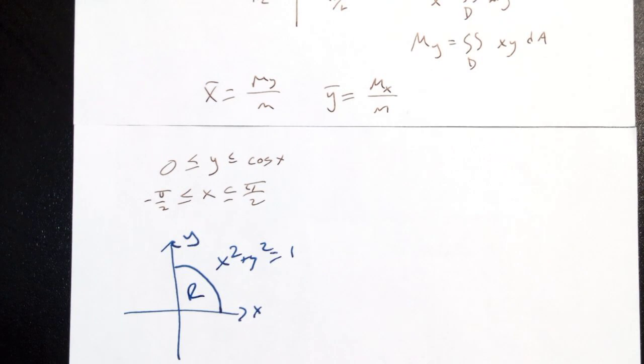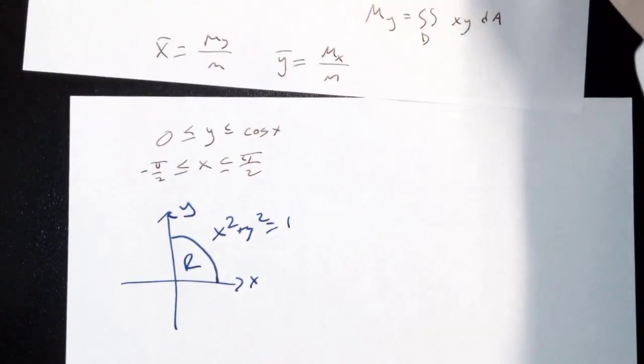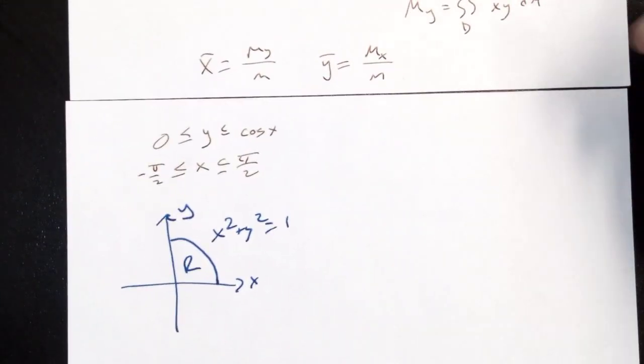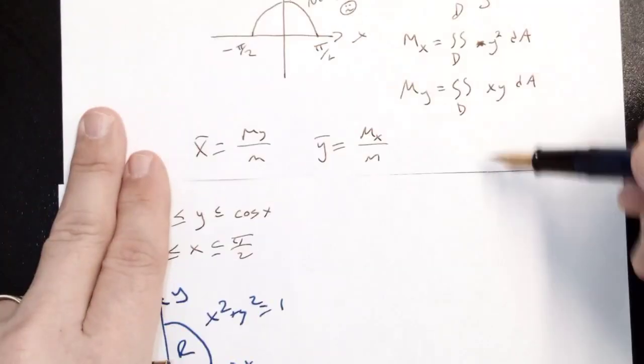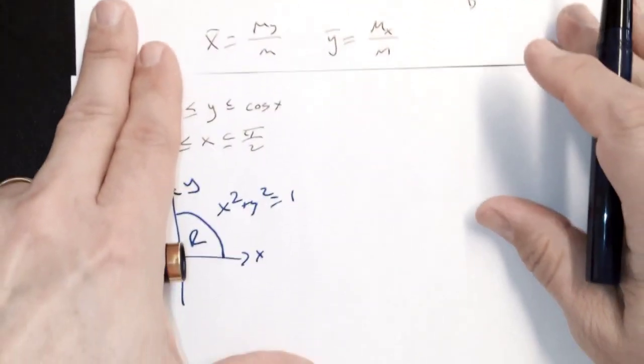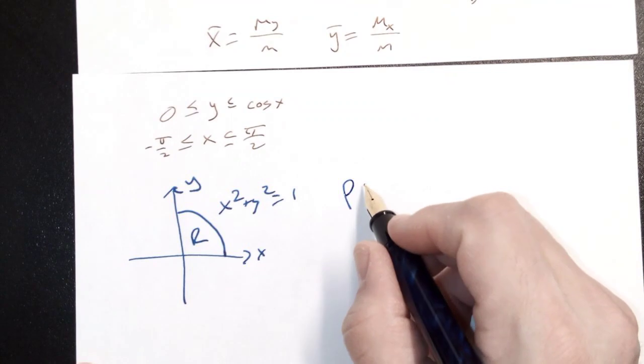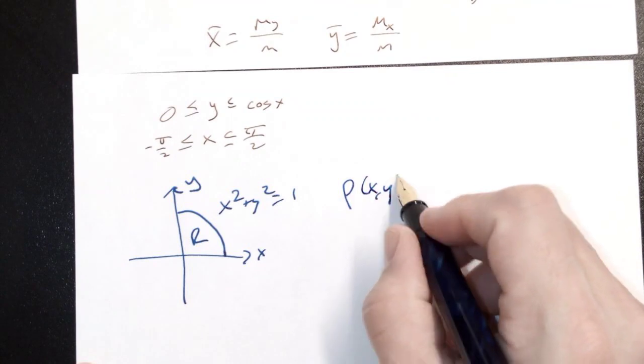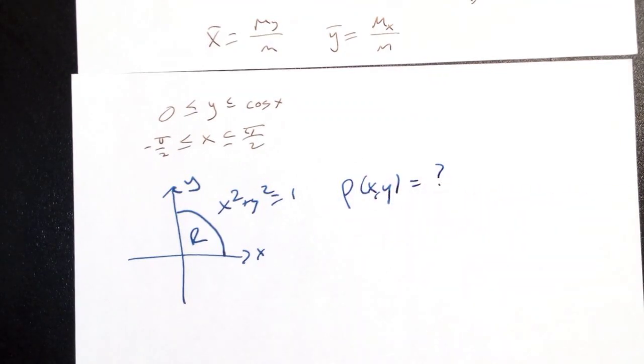Okay, so now the question is, how do I write the density equation? Because once I have the density equation, I know how to do all the rest of this, right? So what is my density equation? What do they tell me?